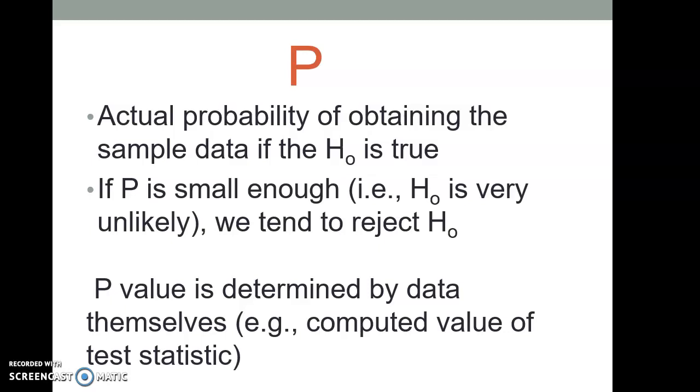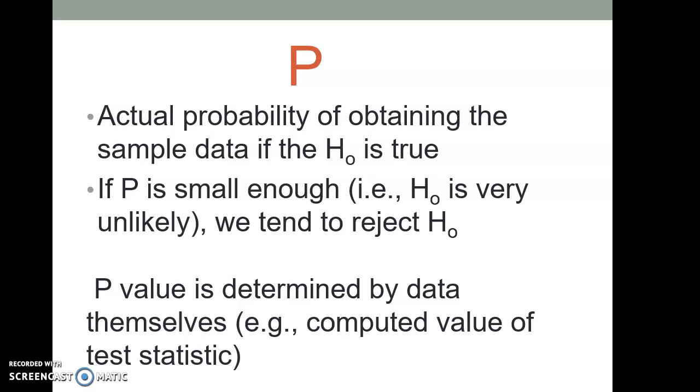So in simple terms, when we talk about P, or the probability value, it is the obtained probability value in our computation. And in our computation, if our p-value is greater than our alpha value, then the result is not significant.